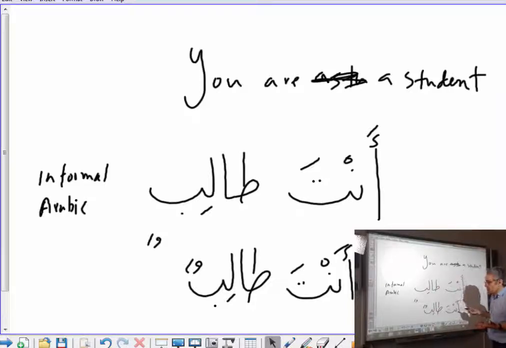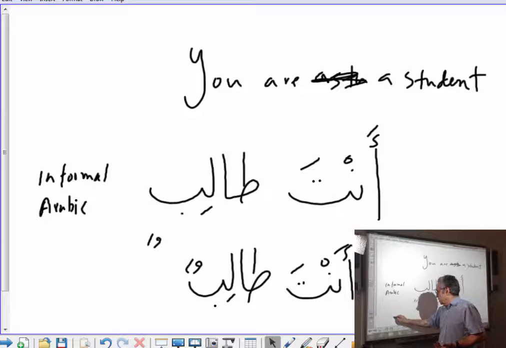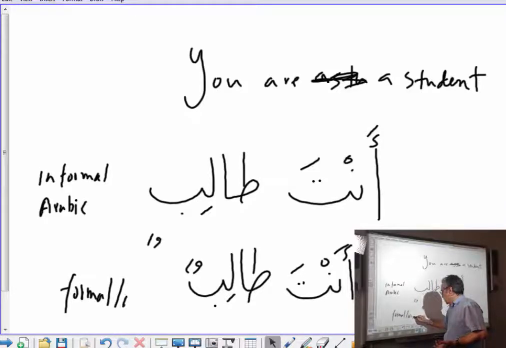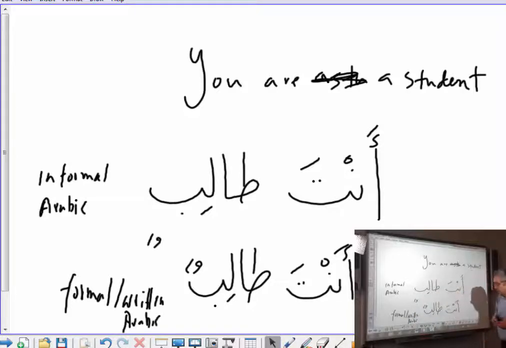As you see, the same meaning, but this is formal, and maybe you can say written Arabic. أنت, we consider the subject, and طالب is the predicate, the information given at the end.